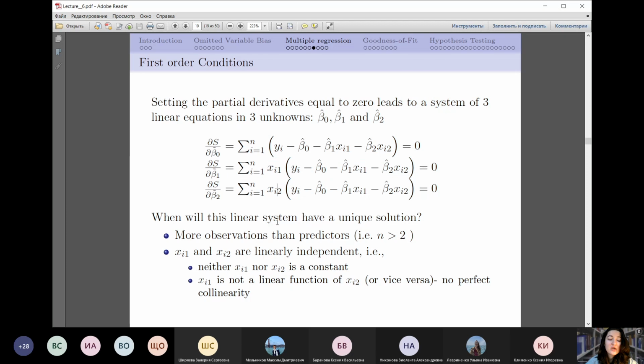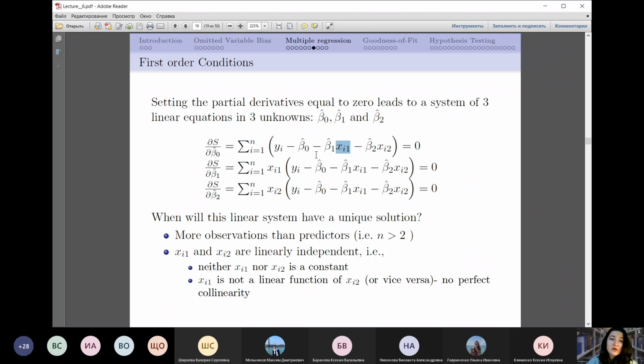And also, if you want to find the unique solution for this system, you should remember that the number of observations should be greater than the number of your variables, the number of your predictors. I hope that you remember, this is one of the assumptions of the ordinary least squares method.